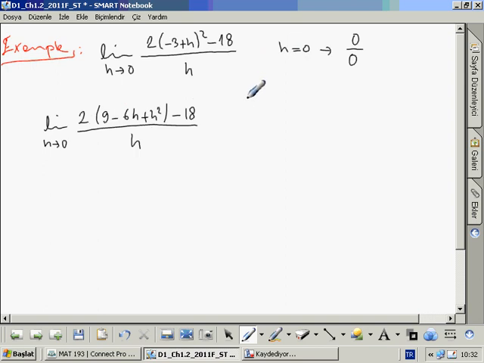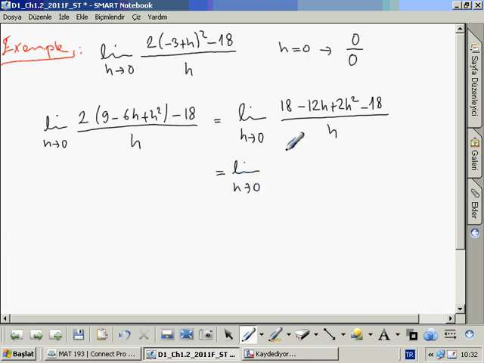It's equal to the limit as h goes to 0 of 18 minus 12h plus 2h squared minus 18 over h, which equals the limit as h goes to 0 of minus 12h plus 2h squared over h.